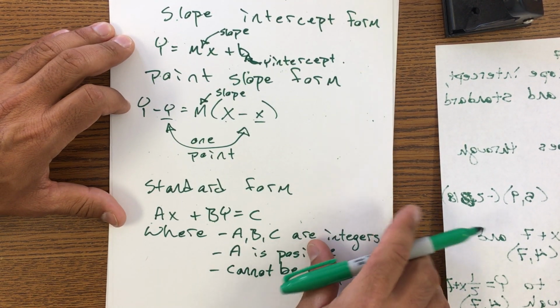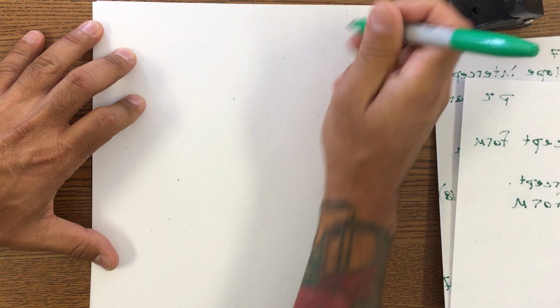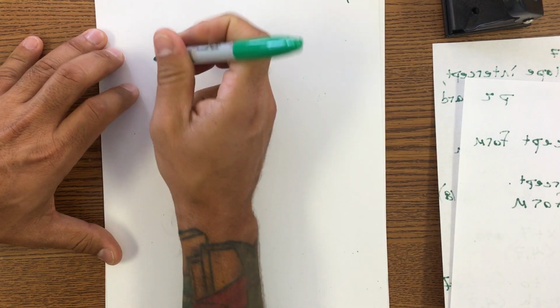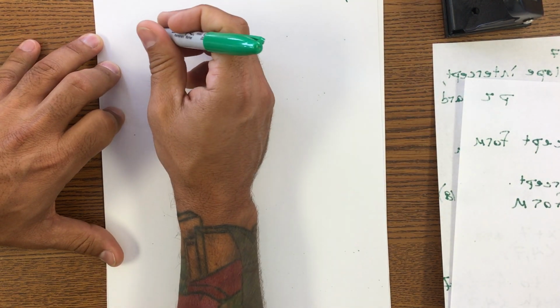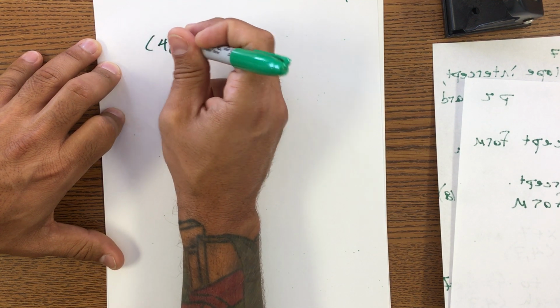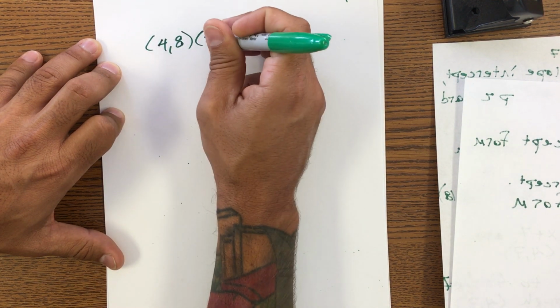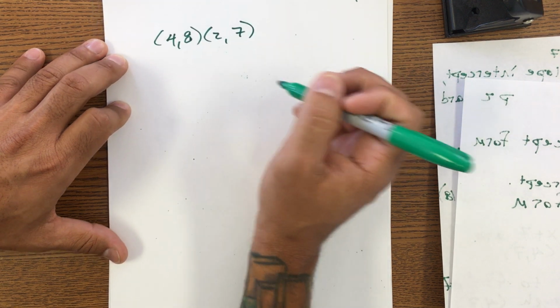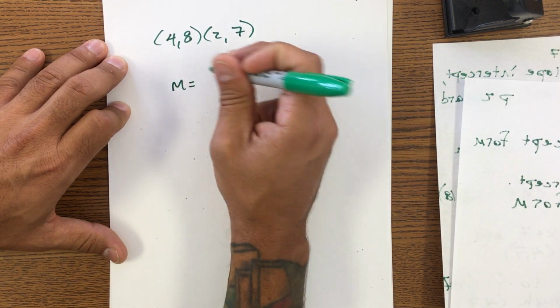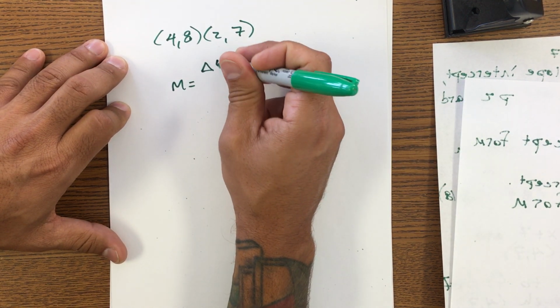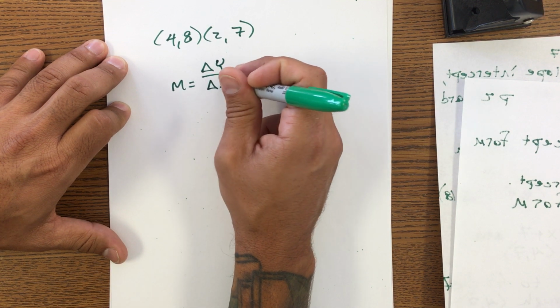So if I'm doing this stuff, if I'm trying to get some of these things, and it gives me, let's say it gives me 2 points. It gives me 4, 8, and 2, 7. So I'm gonna find the slope. Remember, our equation for the slope is the change in y over the change in x.